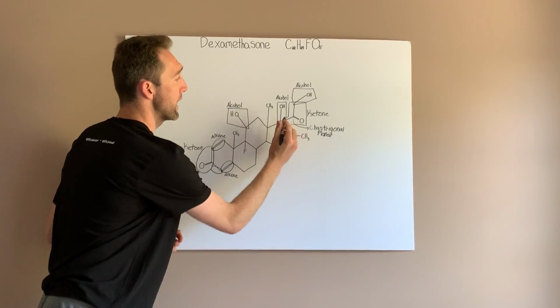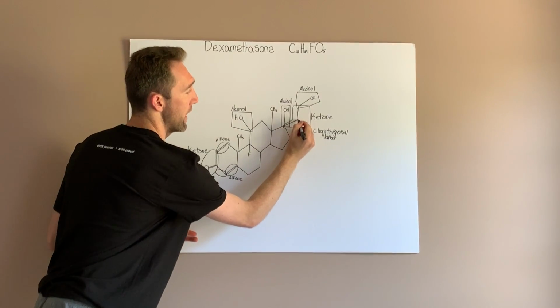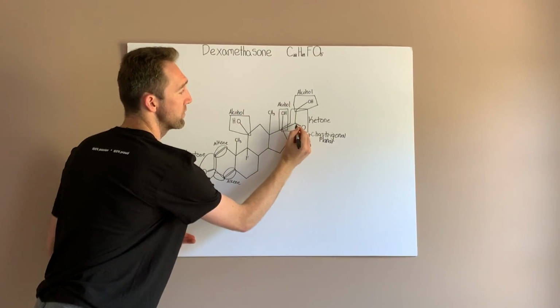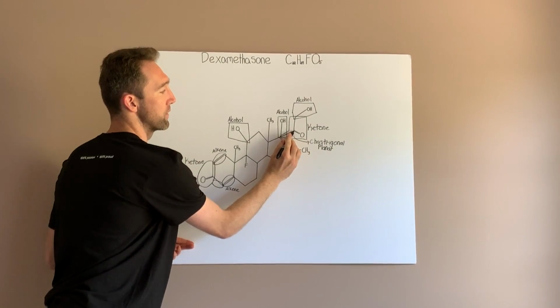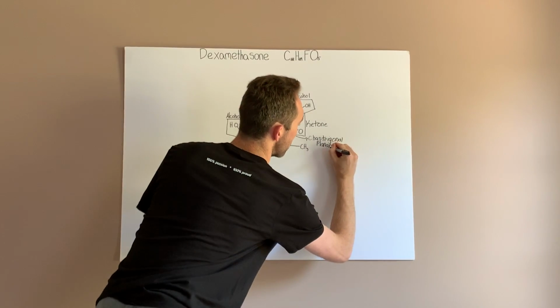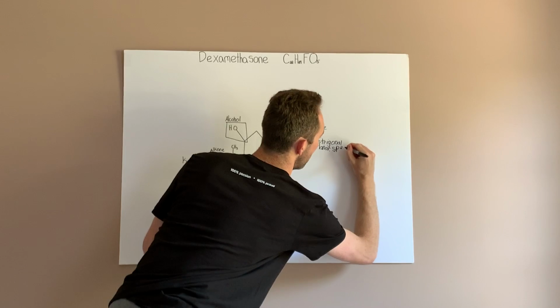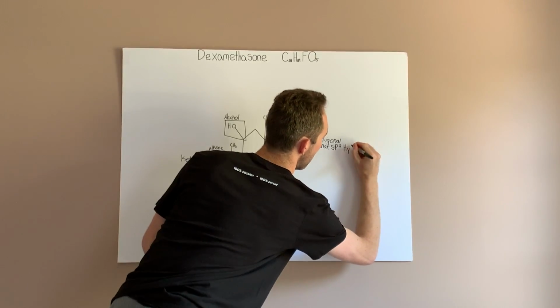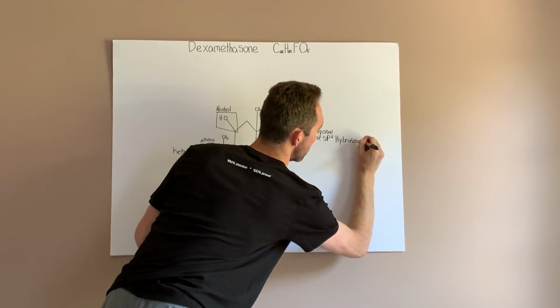So the three sp2 hybridized orbitals will make a sigma bond here, here, and here. This unhybridized p orbital actually makes a pi bond from the C to O. So we'll write this here, sp2 hybridization.